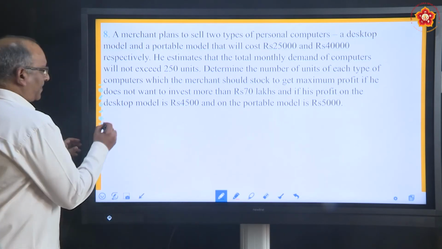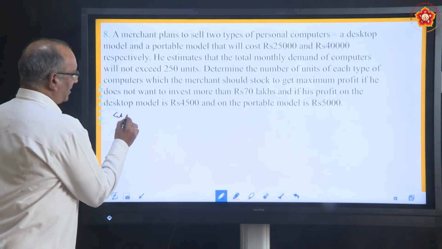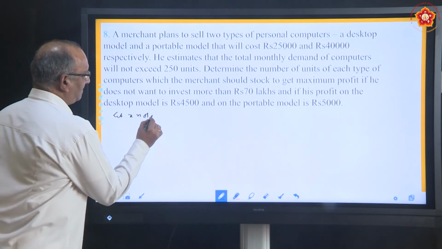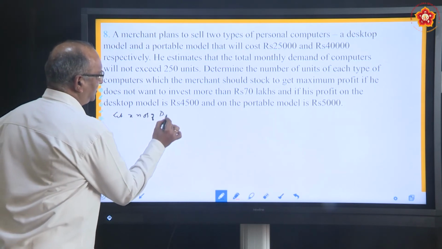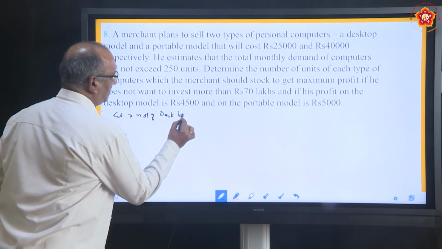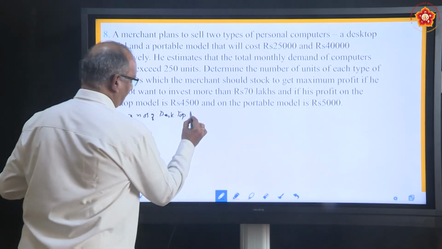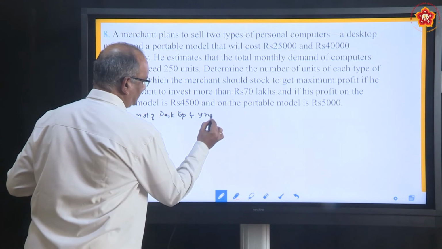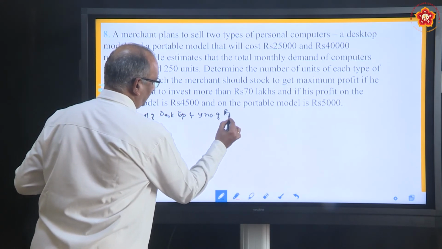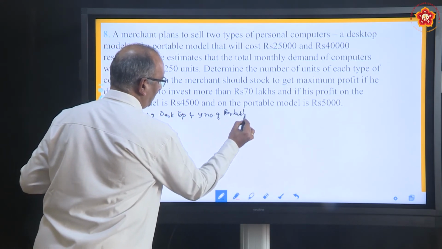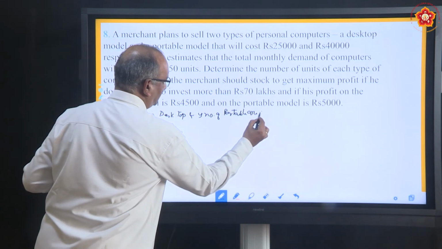Let X numbers of desktop and Y numbers of portable are stocked.